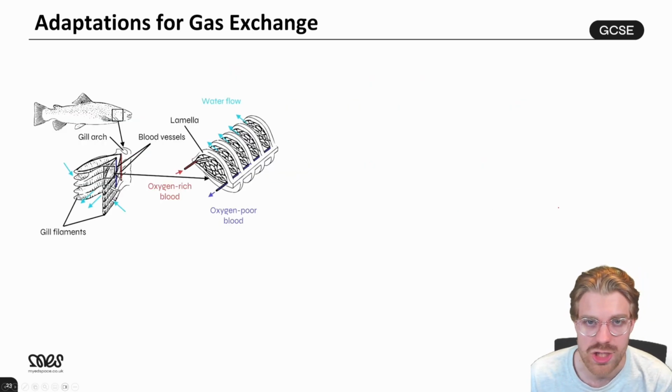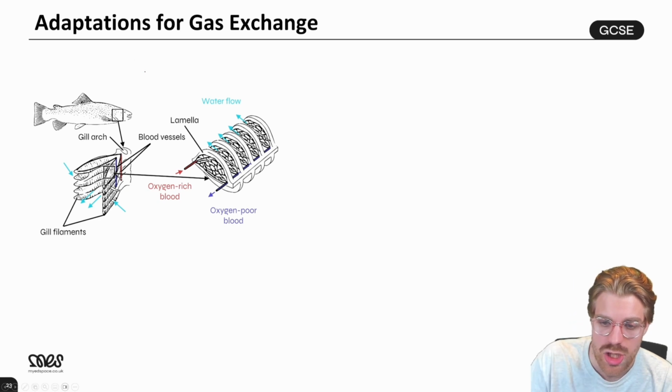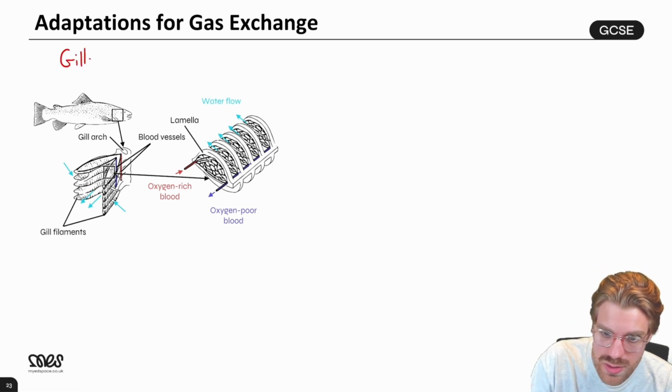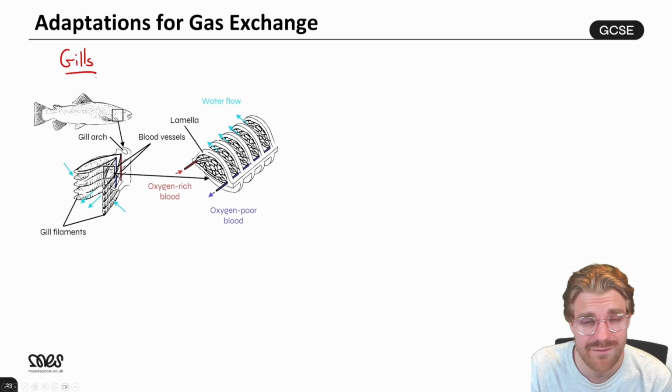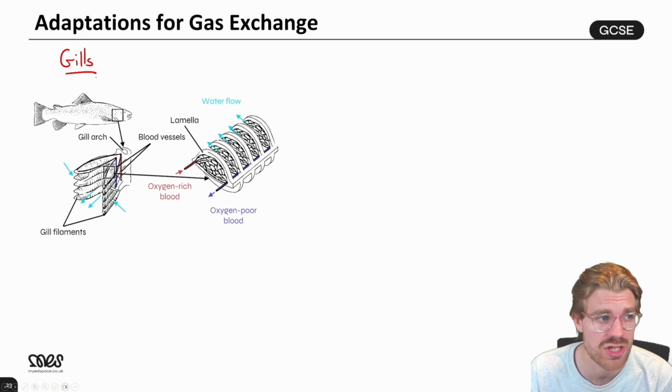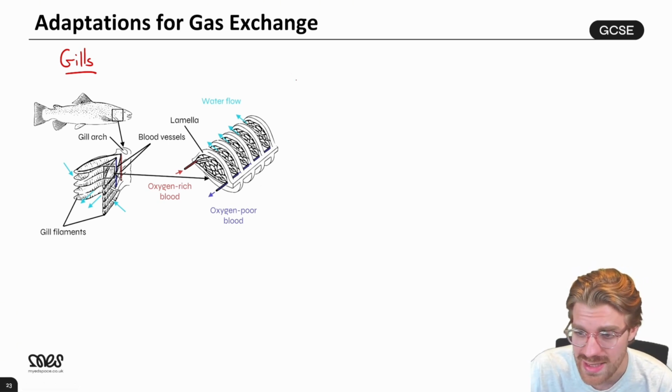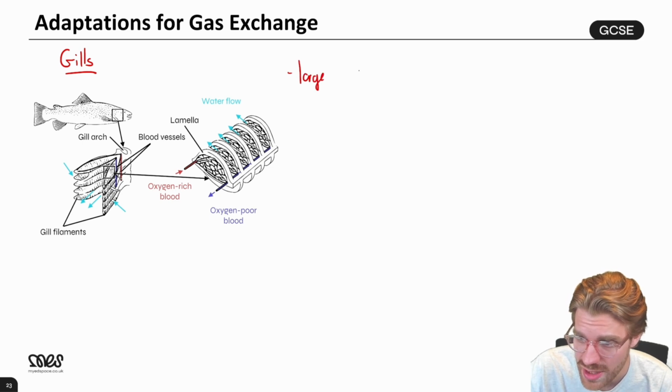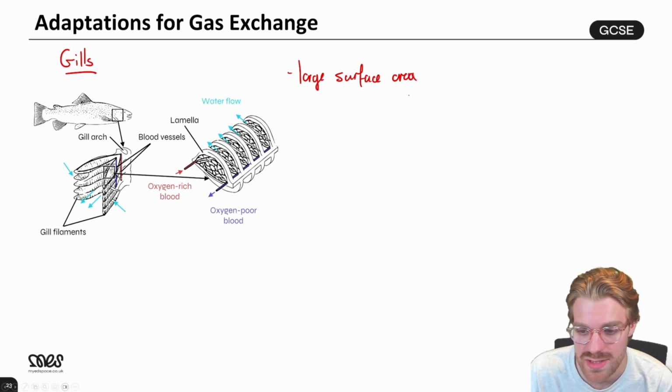What about in fish? Now, fish don't have lungs. Fish have gills instead. So the adaptations of the gills to increase gas exchange are very, very similar to the adaptations of the alveoli. So firstly, there is a large surface area as well. This is going to maximize that rate of diffusion.